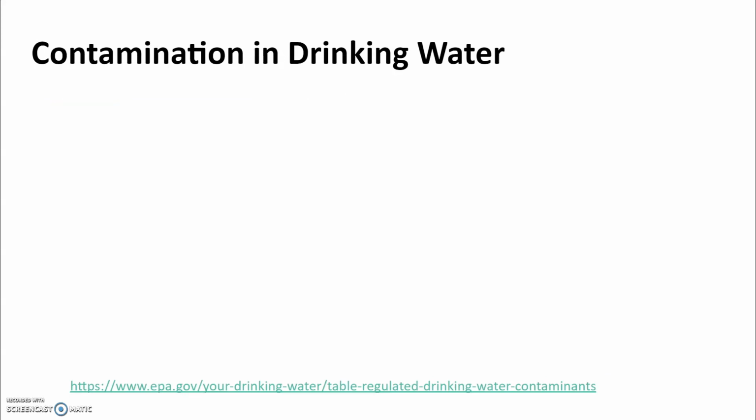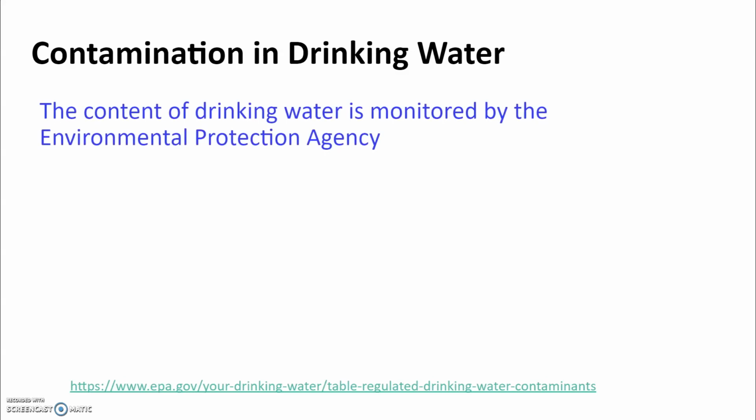Contamination in drinking water is a serious concern, and so we have an organization called the EPA, the Environmental Protection Agency, and they monitor the content of our drinking water. They also monitor a lot of the freshwater sources and the ocean and water throughout the country to make sure it's in good shape.